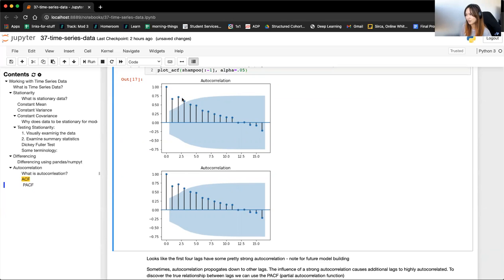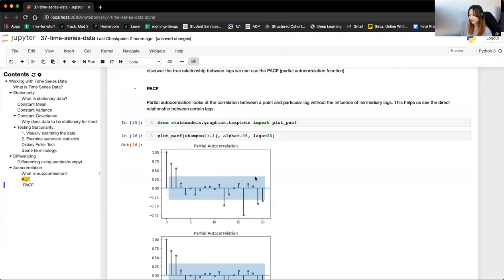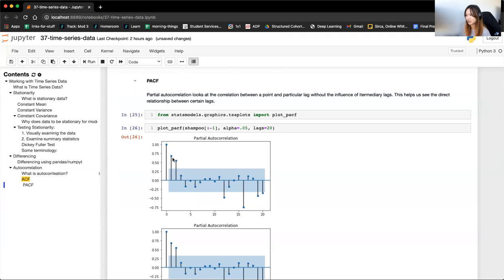So this number is 0.75. It could be because of this number also being fairly high. So you see how in this plot, the partial autocorrelation plot, the number for the second lag goes down because we are calculating this autocorrelation between 2 lags and no lag while also discounting the one lag.